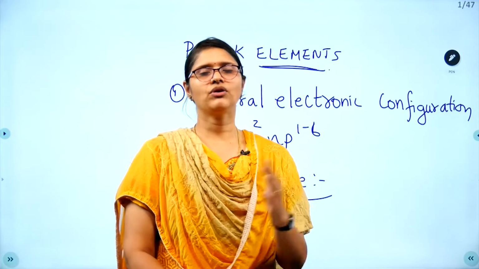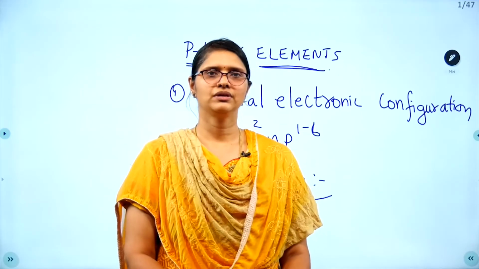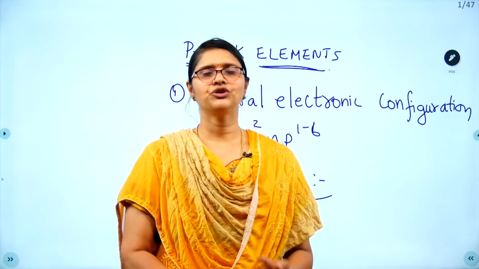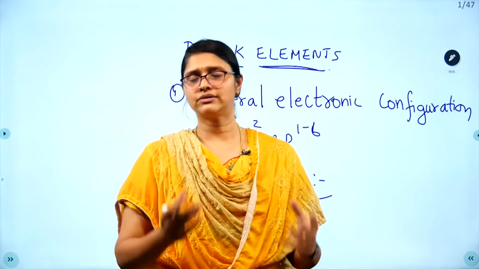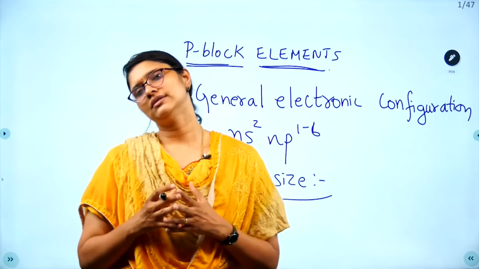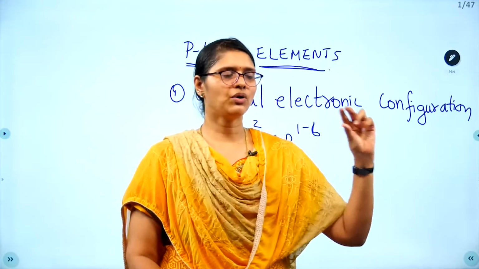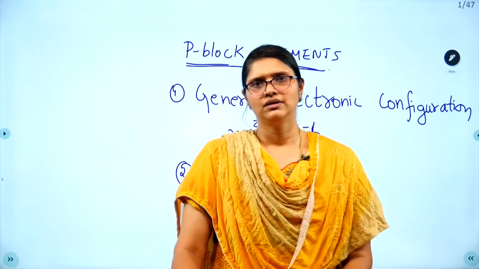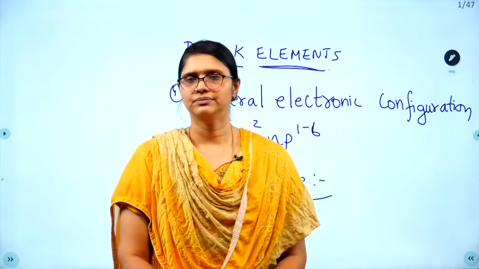So the nuclear charge will increase, that is, the attraction between the protons and the electrons. Since this attraction increases, the size keeps decreasing. So going along the period, the atomic size decreases.